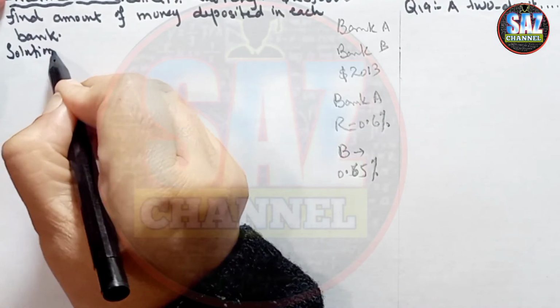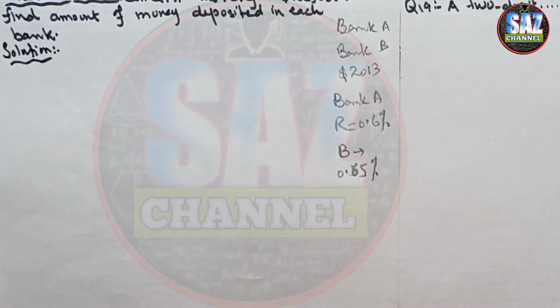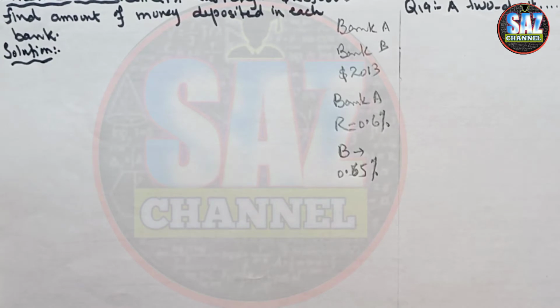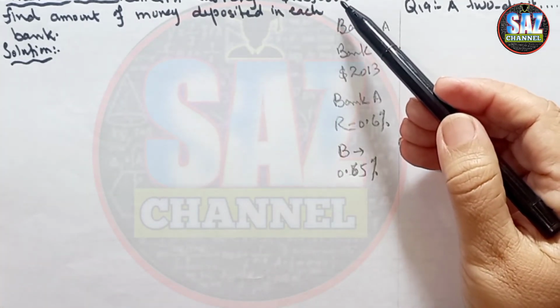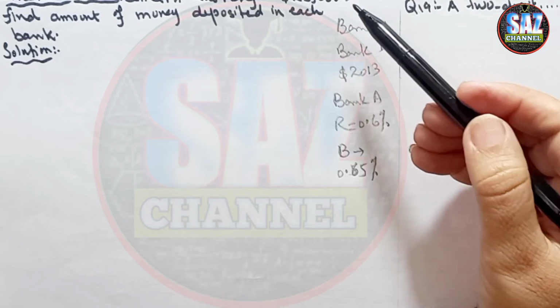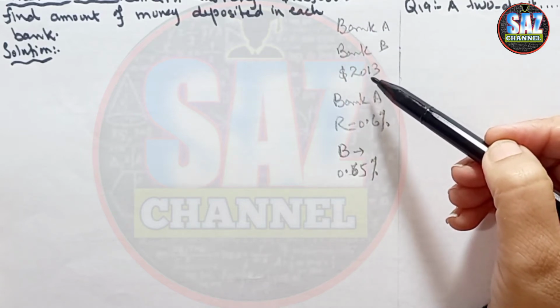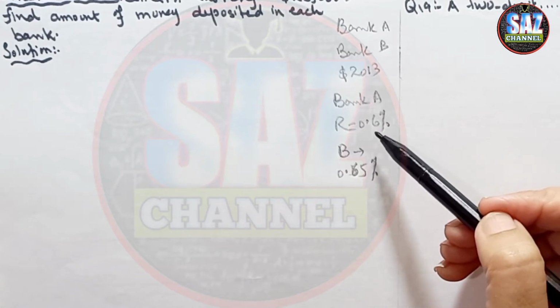First of all, we have to think that the money that we keep in the bank, or take as a loan from the bank, is called the principal amount. So in the question, the principal amount is 25,000 that Rui Fang is depositing in two different banks in the year 2013. Interest rate for Bank A is 0.6% per annum.